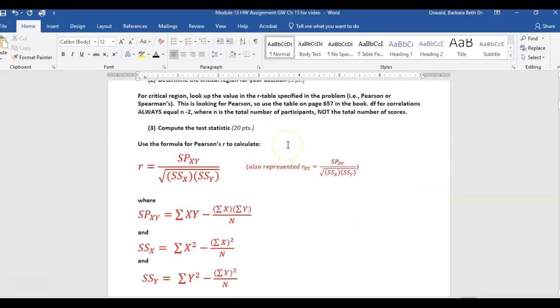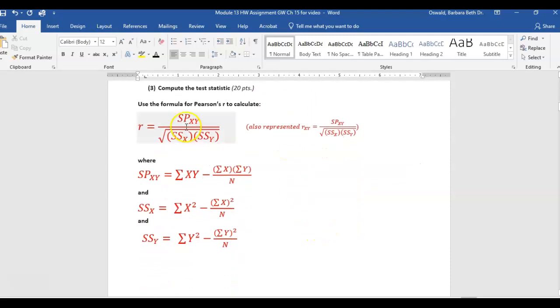Now we have to compute the test statistic. Here is the formula that we're going to use. It looks pretty ugly, so make sure that you write your formula out, including all the steps. And the trick here with solving any of these correlations is making sure that you are very, very careful with your calculations in your records. So I'm going to give you a little tip for that.